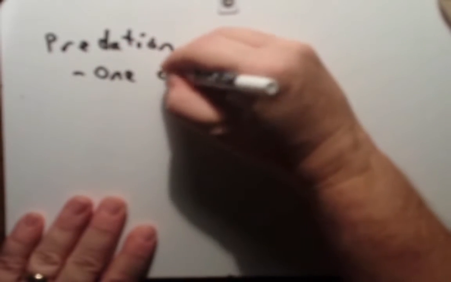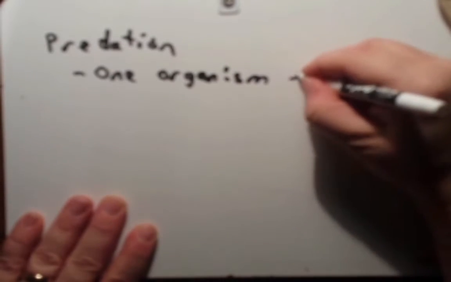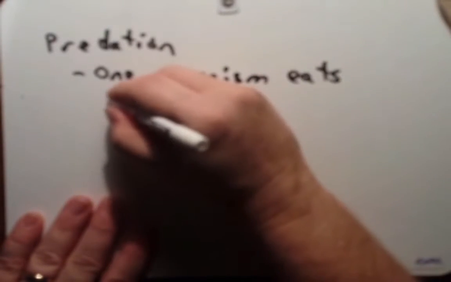So let's talk about this term predation. Simply put, this is a symbiotic relationship of sorts where one of the organisms eats another organism.